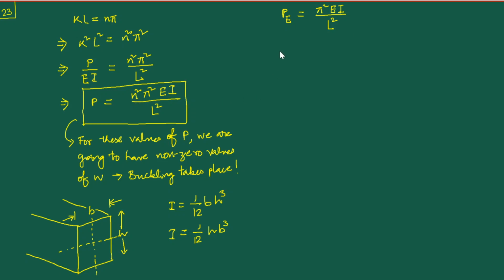So what we are going to do is take this ratio P by PE, which is nothing but just n square, and then we are going to try to plot this out.